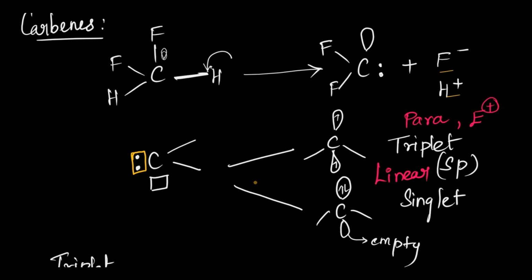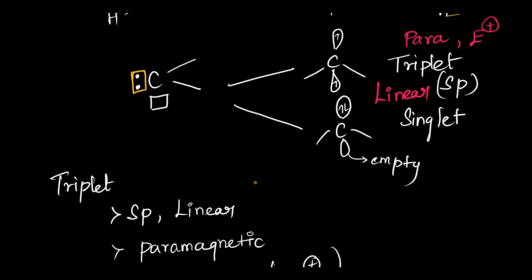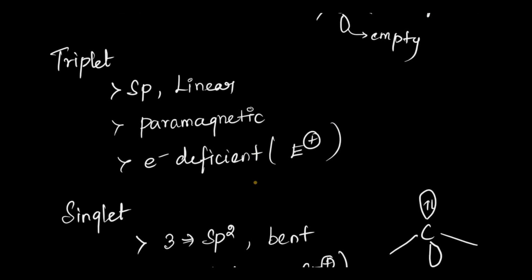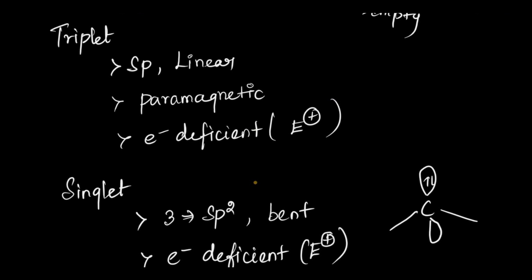These 2 electrons can occupy one each in separate orbitals like triplet, or both in the same orbital like singlet, leaving the other empty in case of singlet. So triplet carbenes are sp hybridized and linear, which are paramagnetic because each orbital has 1 electron. It doesn't have any empty orbital.